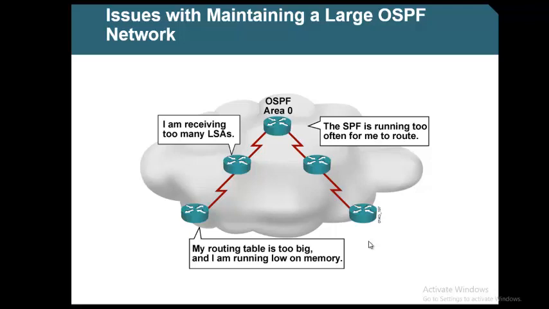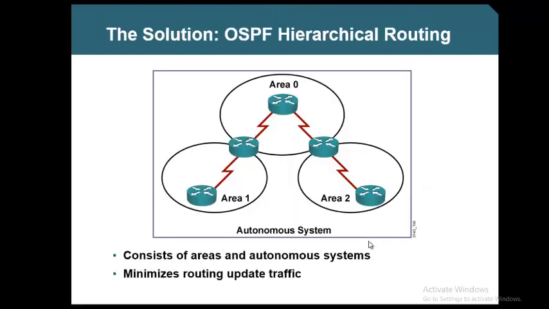If you simply have one area for the entire autonomous system, the entire office, then the routing table will be too big. And every now and then, when a change happens, OSPF needs to keep on running. The number of advertisements that will be flooded will be too many. To avoid all this, we go with a hierarchical design with a backbone area connecting all other areas.